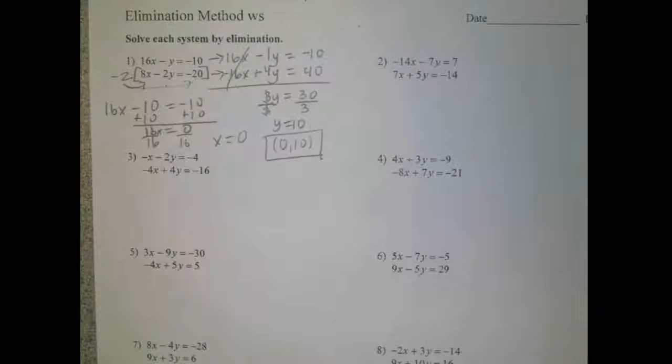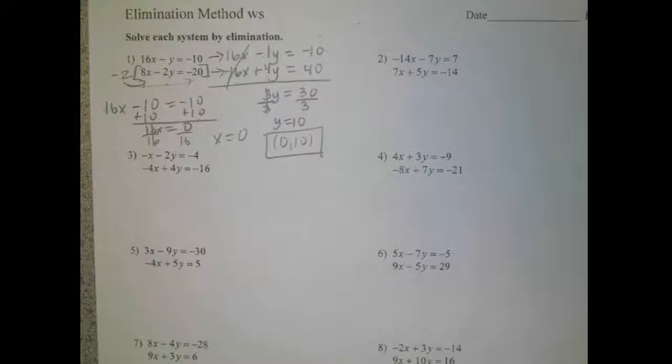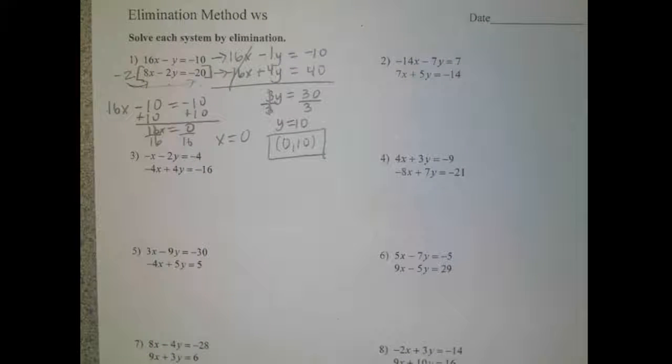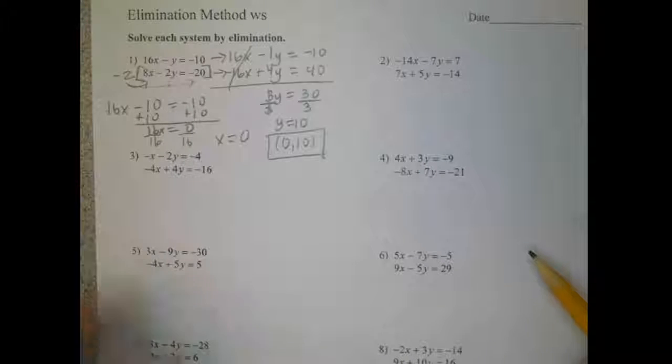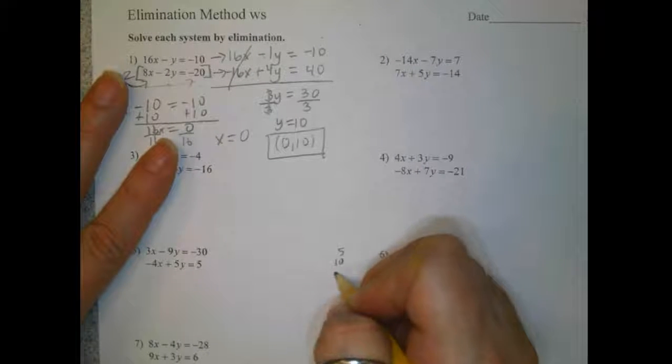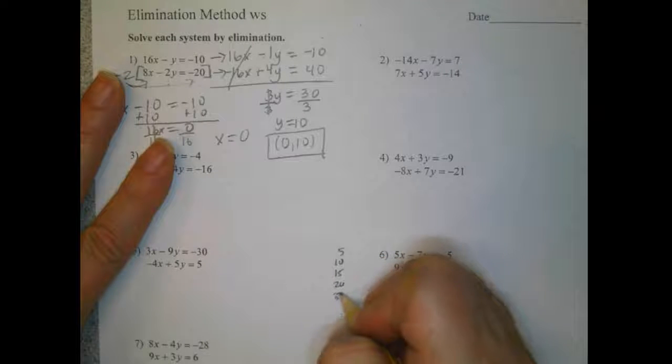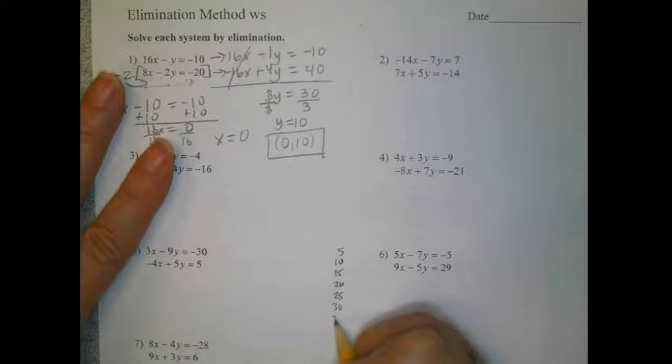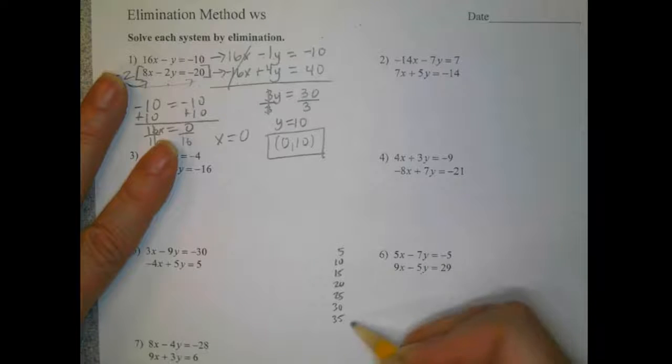Which one do you think might have smaller numbers? The X's or the Y's? Let's try the Y's, okay? So I'm going to say 5, 10, 15, 20, 25, 30, 35. That's 7 times 5, right?